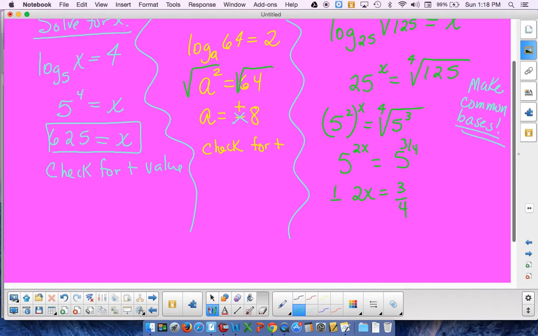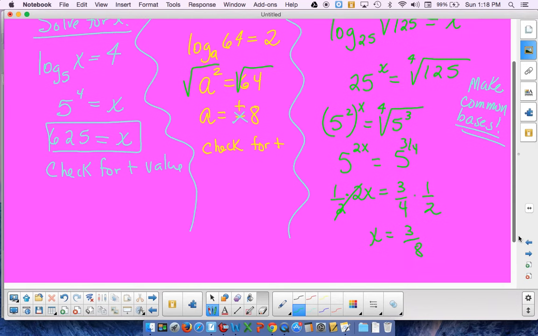I would get rid of the 2 by timesing by half and making it cancel. Since I have fractions over here, less chance to mess up. And I would get 3/8. Do I have to check? No, you do not. There's no need to check. X is not part of the log.